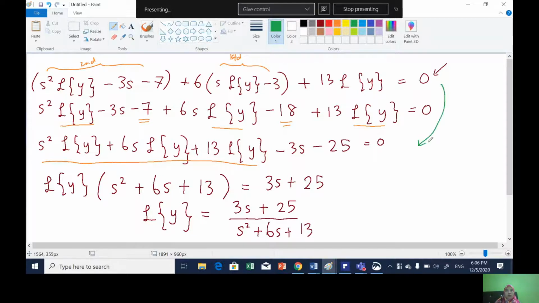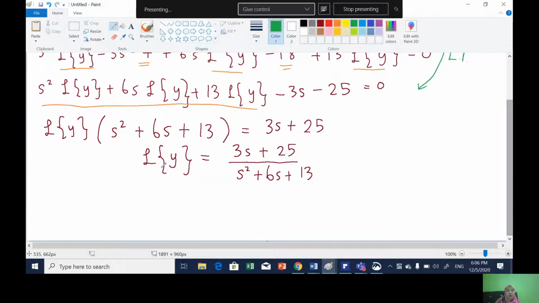From here to here, actually, we are using Laplace transform. So next, we are interested to find the solution of y, correct? What is y? So this L is on the left hand side. L means Laplace. So when this L is brought to the right hand side, it becomes inverse.